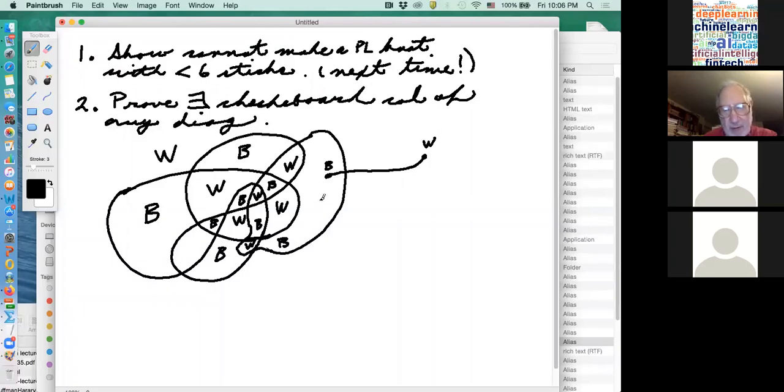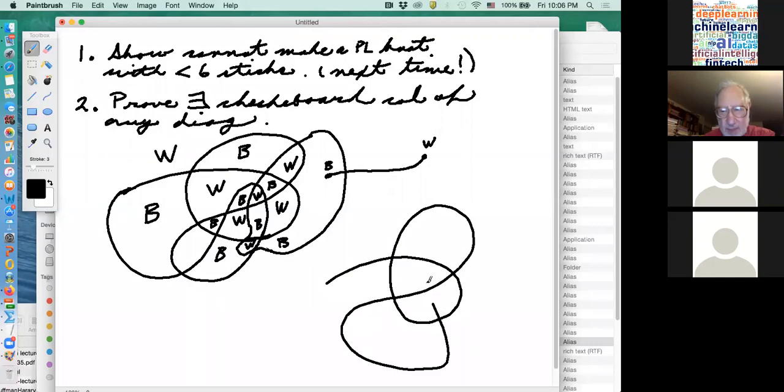And then if you wanted to know what the color of a region is in some complex diagram, you take the outer point and you take some point inside, and is this white or black? That's the question.